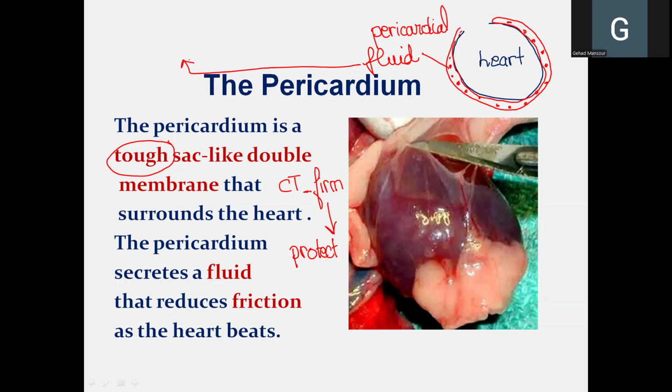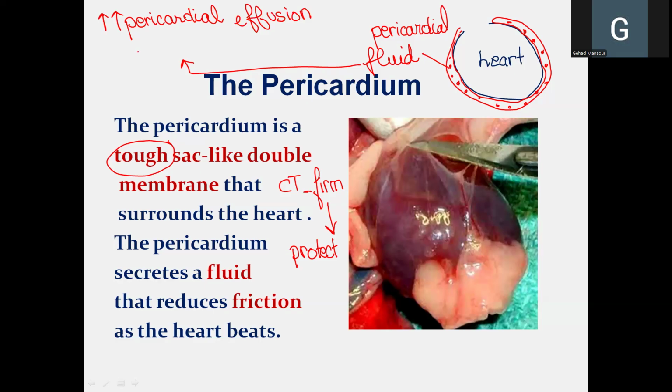But if this amount of pericardial fluid abnormally increases, we would have a condition known as pericardial effusion. So pericardial effusion means the abnormal accumulation of fluid in between the two layers of the pericardium.